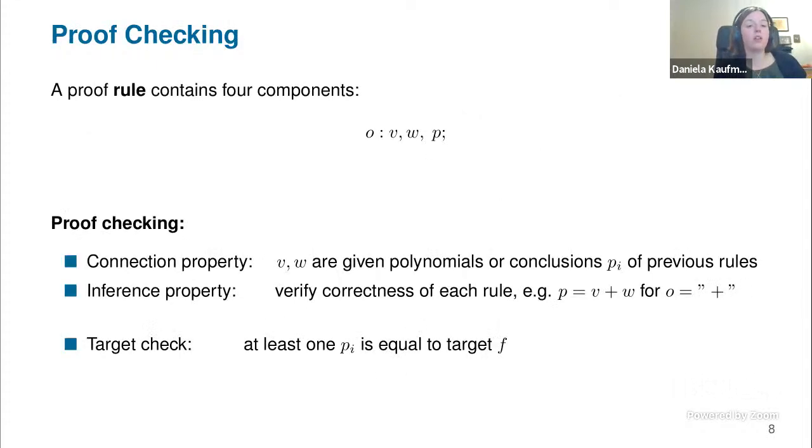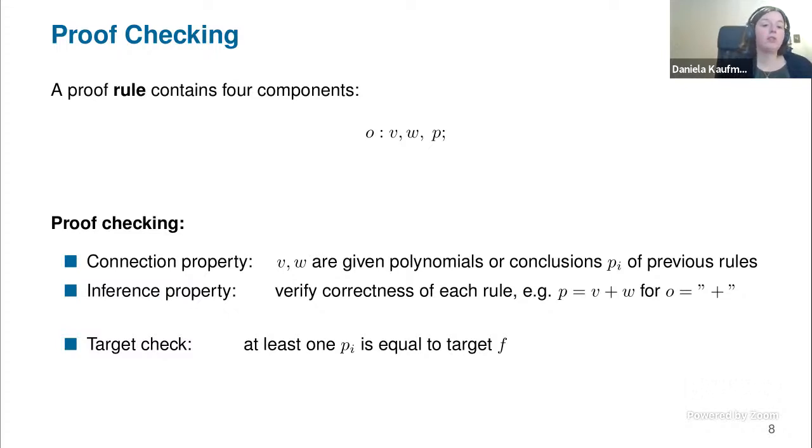So as I said, all of our proof rules contain 4 components: the operator, the 2 antecedents, and then the conclusion, where the operator is either a plus or multiplication. And then we check the connection property, namely that we already know the antecedents. For addition, we need to check this for both antecedents, for multiplication only for the first one, because that's how the ideal is defined.